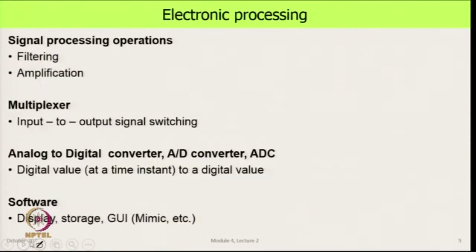So, now let us see what all has been happening to the signal that the sensor produced. The device that senses the physical world and produces an electric signal, this we could call a sensor, or generally referred to as a transducer.